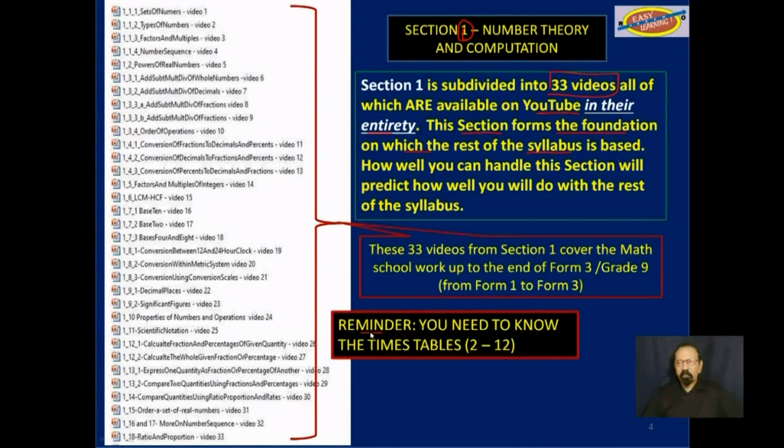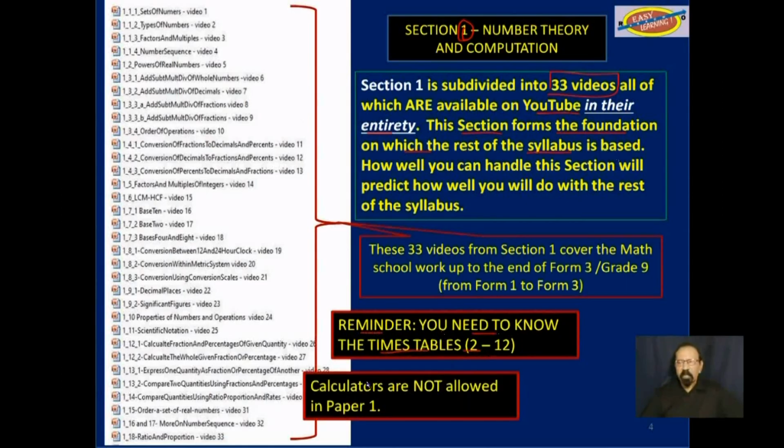Another reminder, you need to know the times tables from 2 to 12, especially since calculators are not allowed in paper 1.